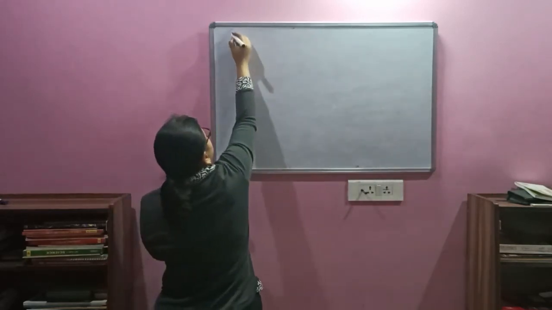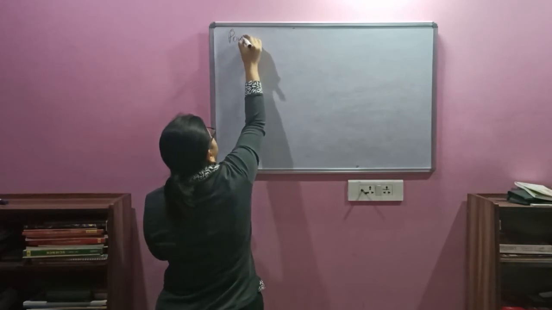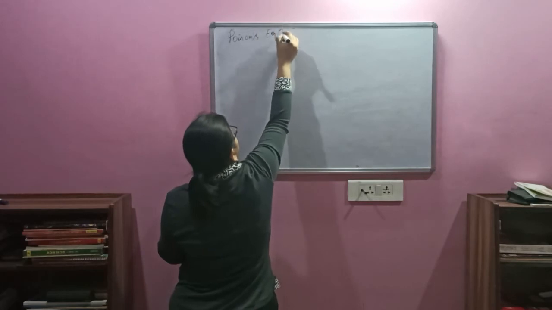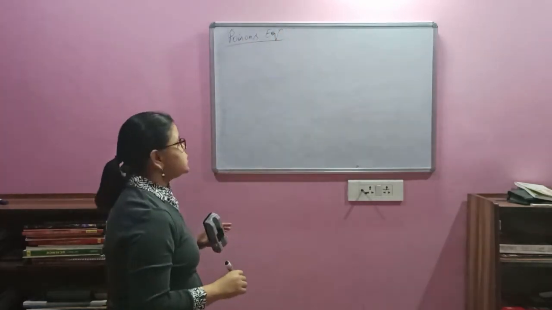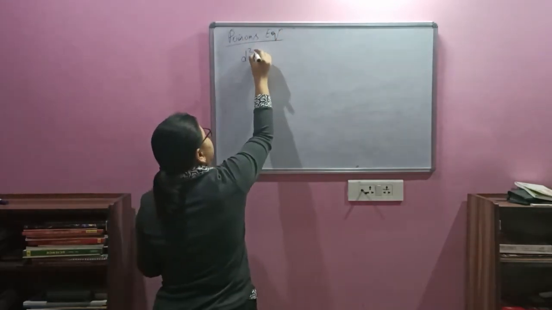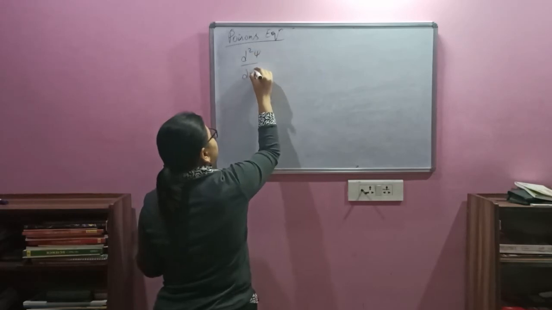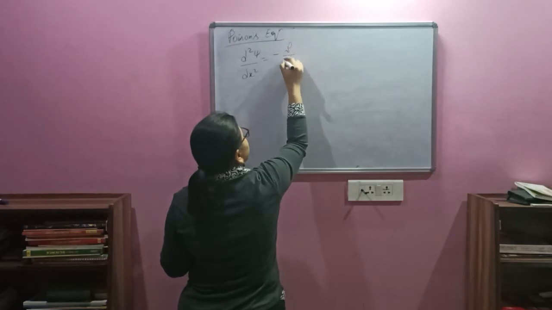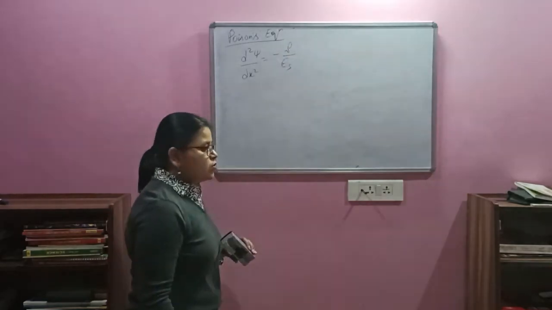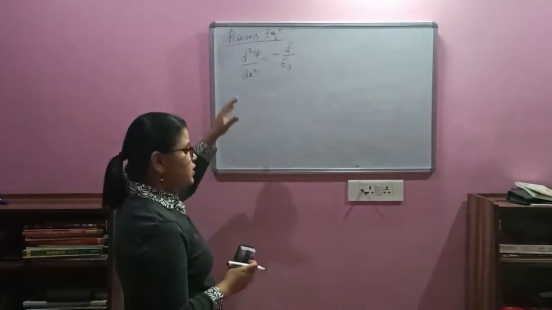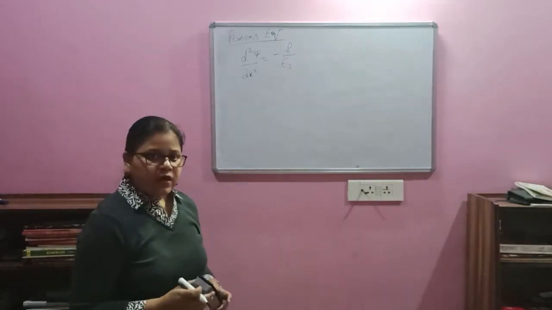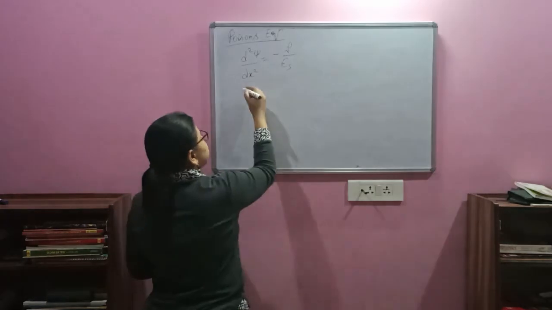So now, remembering the Poisson's equation. What does the Poisson equation state? It says that d2 psi upon dx square is equal to minus rho upon epsilon s, where rho is the charge density, and psi is the potential at any value of x.